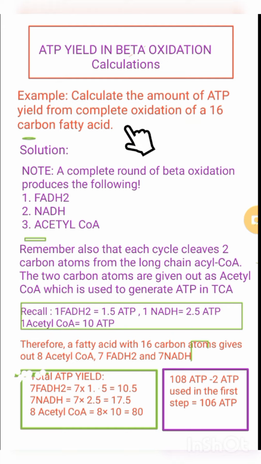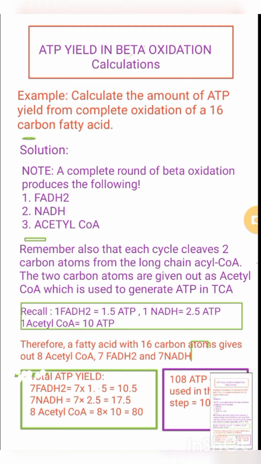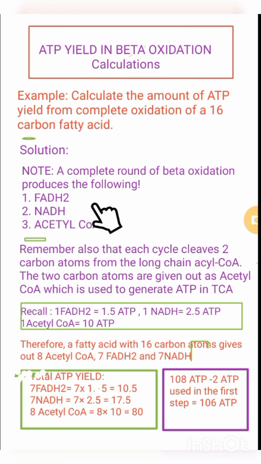Quick reminders: from beta oxidation, you are producing 1 FADH2, 1 NADH, and 1 acetyl-CoA from one complete round of beta oxidation. Please take note. For each round of beta oxidation, this is what we stand to gain: 1 FADH2, 1 NADH, and 1 acetyl-CoA.